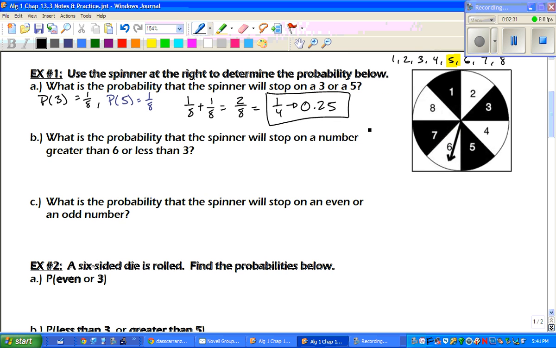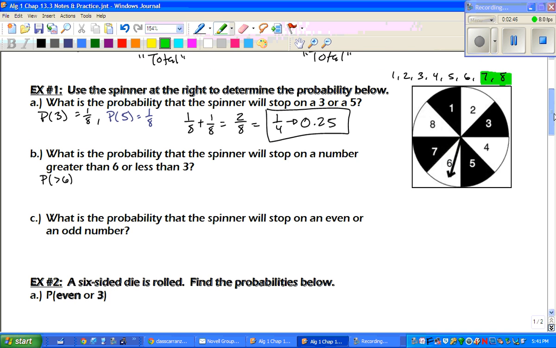All right. What is the probability that the spinner will stop on a number that is greater than 6? Well, how many numbers are greater than 6? I see 2. So that would be 2 over 8. What about the probability of a number that is less than 3?